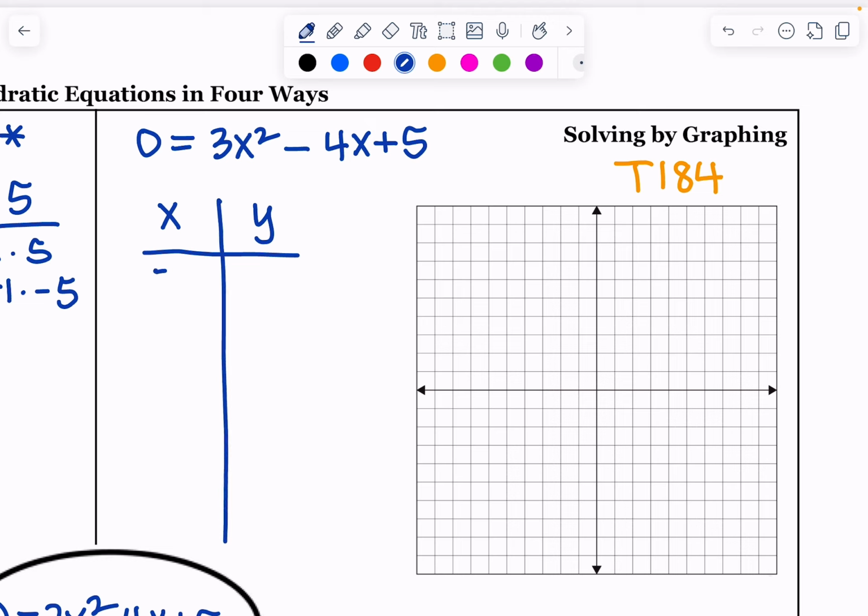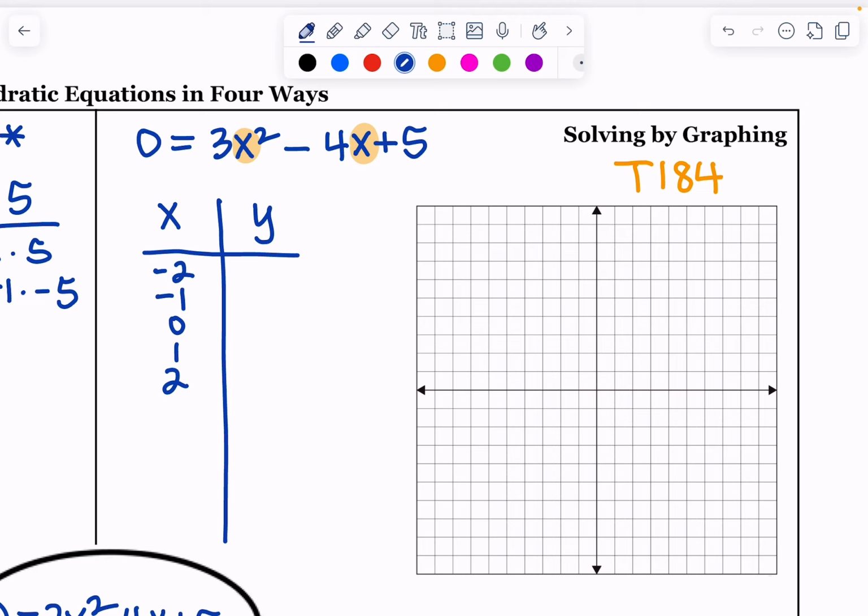To start, we're going to plug in x from -2 to +2, and then whatever we get for y, we'll graph. I'm going to be using my TI-84 table function to fill this out quickly, but if you don't have that, you can fill out a table like I'll show here.